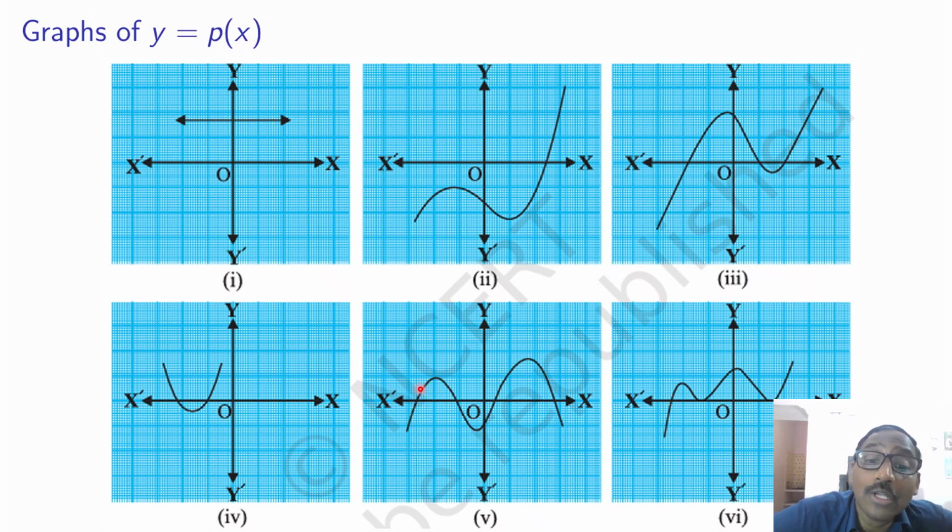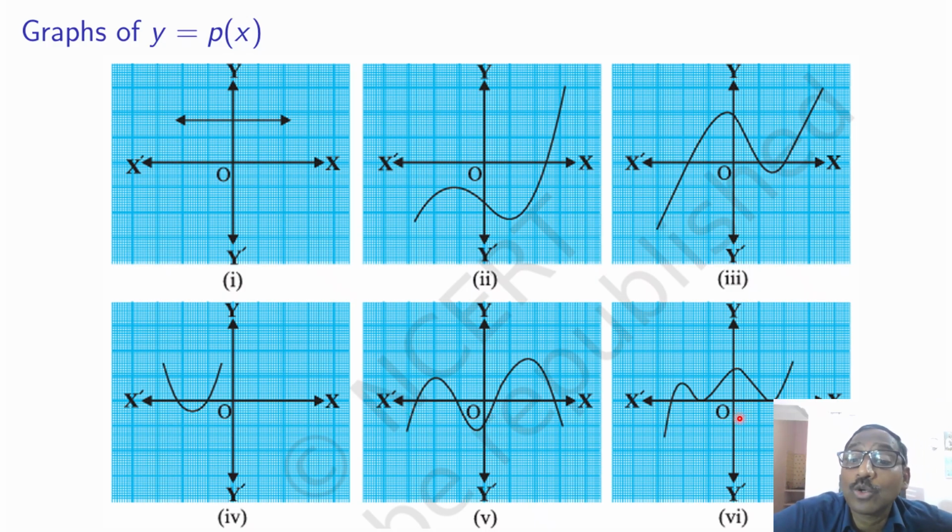How many times is the given curve intersecting the x-axis? 1, 2, 3, 4. So the graph intersects the x-axis at 4 points. So it is having 4 zeros.